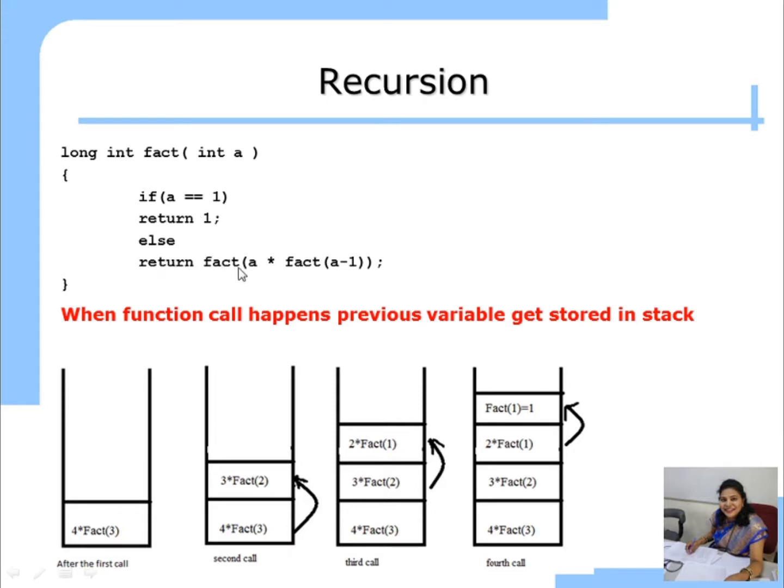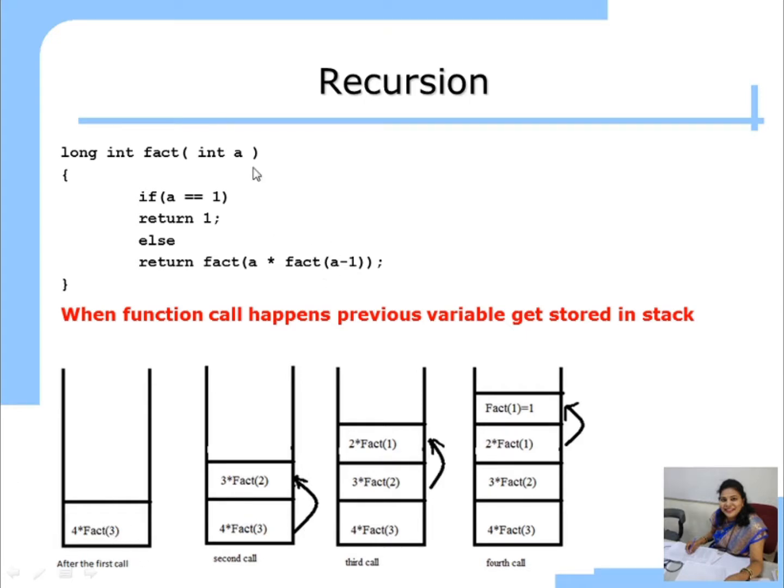So control comes to this line, and factorial calls the function again. What is a? a was 4. So 4 into fact of (4 minus 1), fact of 3. We push it to the stack, and our control again comes here. Whenever we call a recursive function, that function call line is pushed onto the stack.